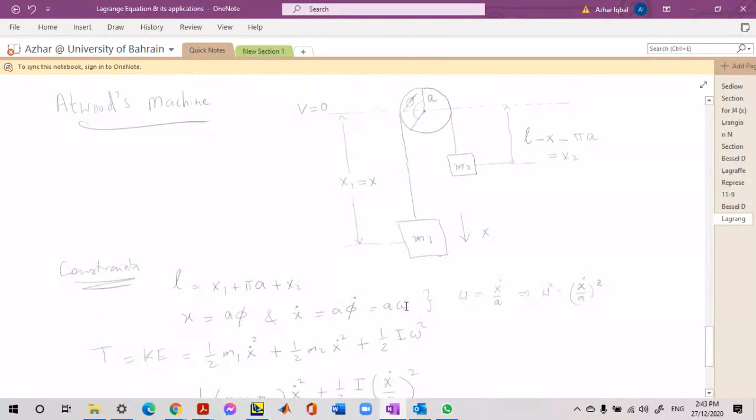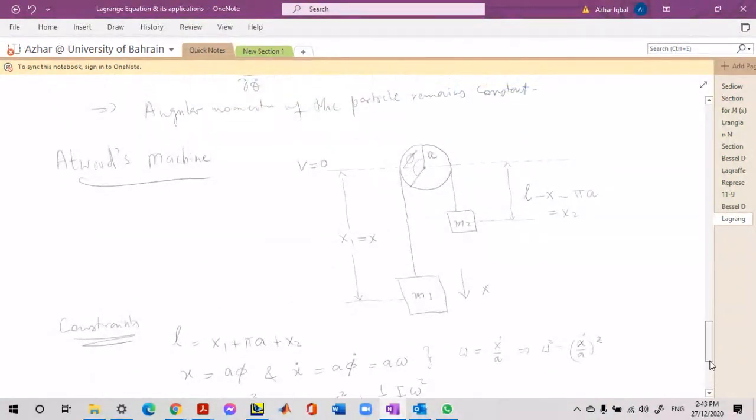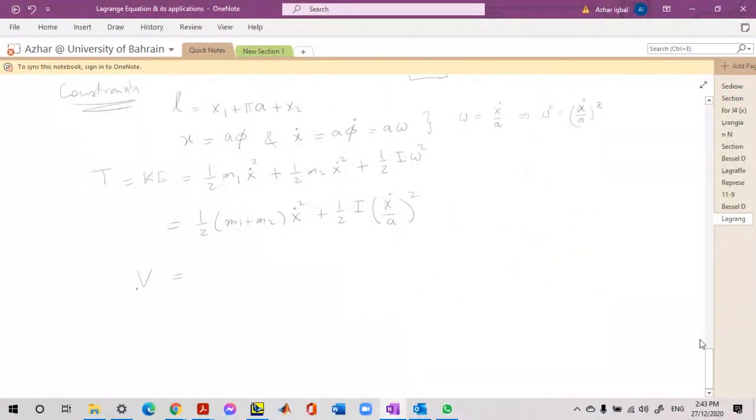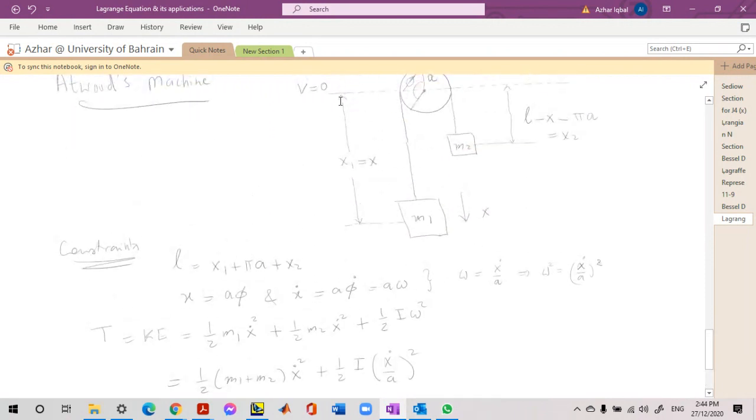So there are two potential energies of these two masses, which we can write down as minus m1 gx, right? And this is the distance of the mass m1 from the pulley, this distance.